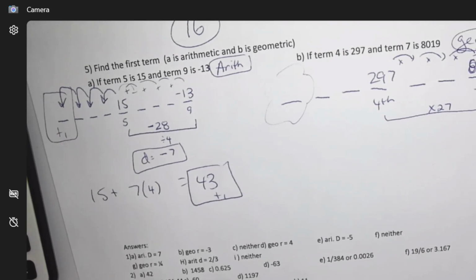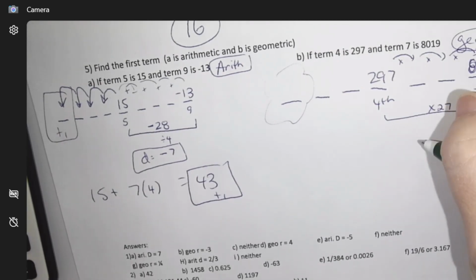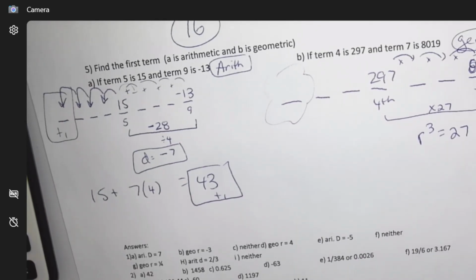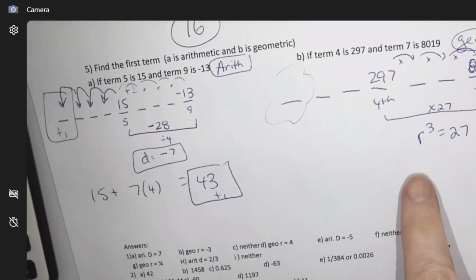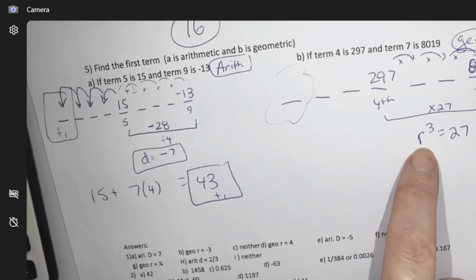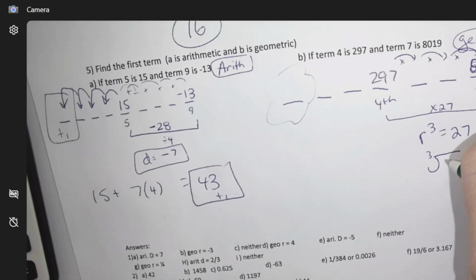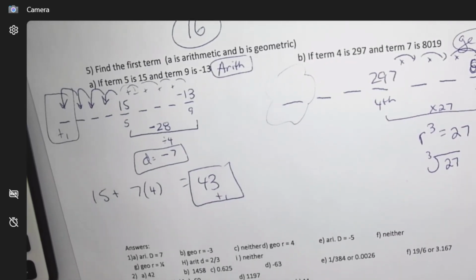Does anybody know what's the same as doing that? Cubing. I times by something, times by something, times by something. You can't do a divide by 3 if that's what you're thinking. That's something different.